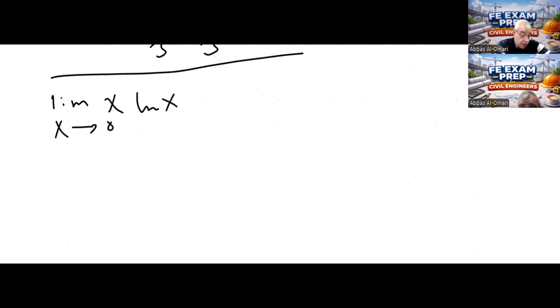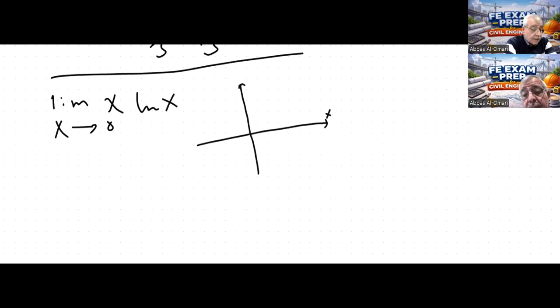Now, in a limit type of question, we first substitute the x value and see the result. So x is 0, so 0 multiplied by ln 0. To remind you of the ln function, if this is the x and this is the y, the ln function is like this.